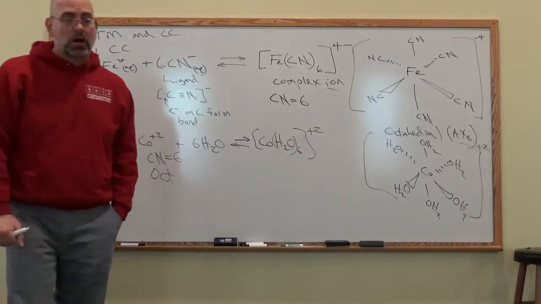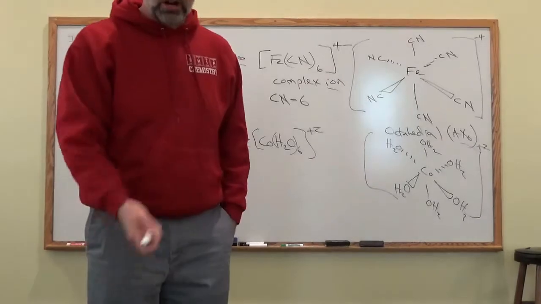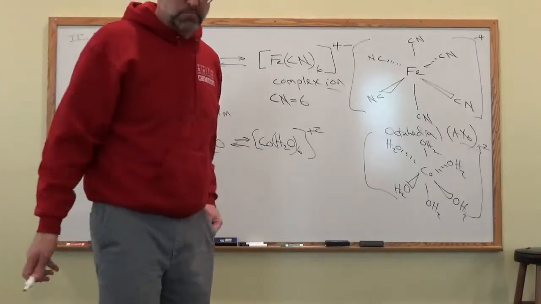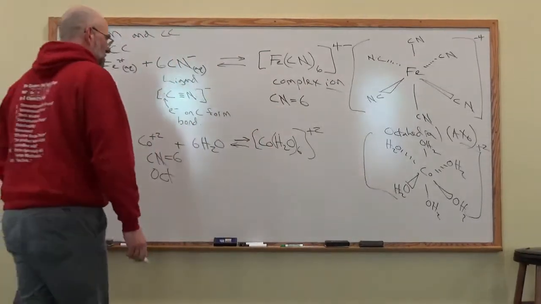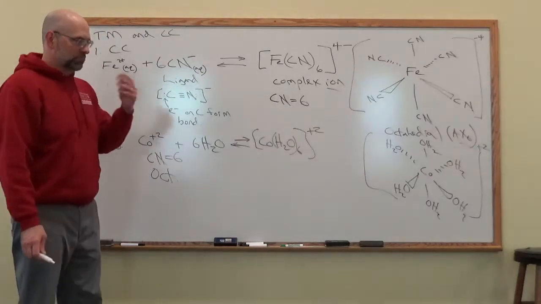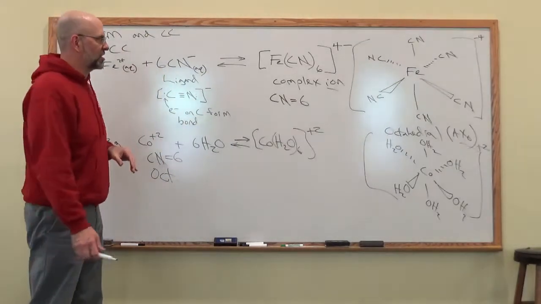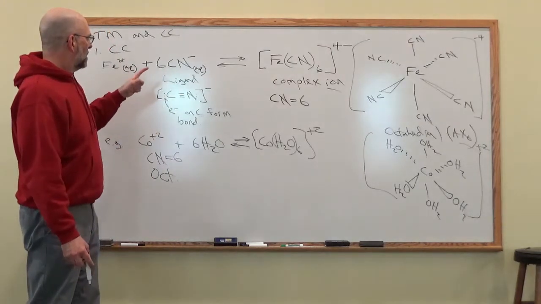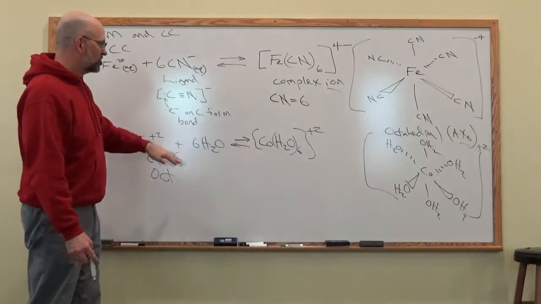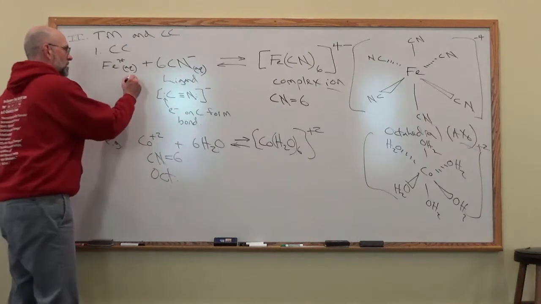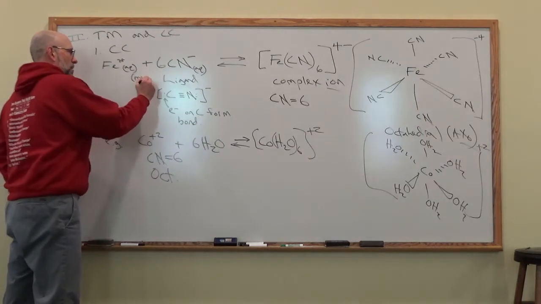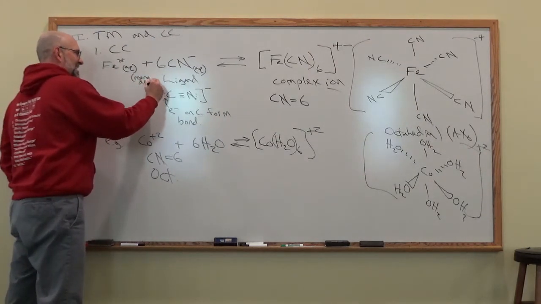Okay, so ligands can be monodentate or polydentate. What does that mean? Dentate literally means teeth. It's like how many times does it grab onto the central atom? CN, cyanide, and H2O are actually monodentate ligands.